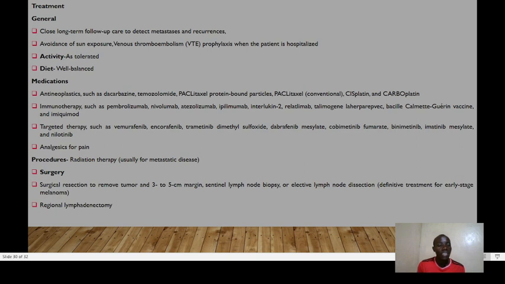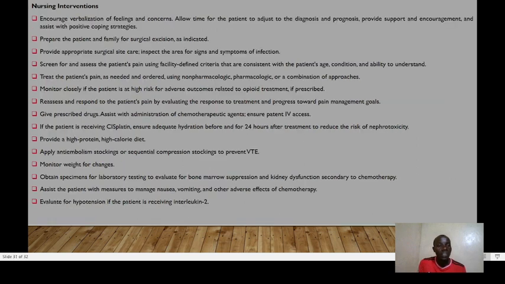Could also have immunotherapy such as pembrolizumab, or targeted therapy such as vemurafenib. Okay, analgesics. Could also do surgical excision to remove the tumor and regional lymphadenectomy.